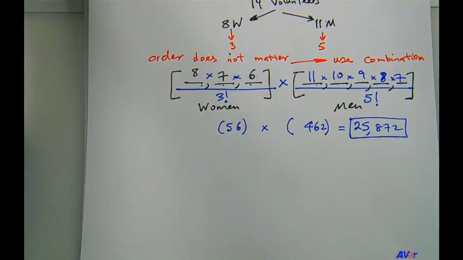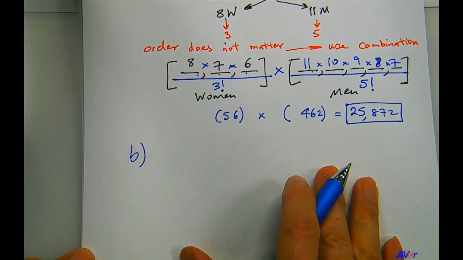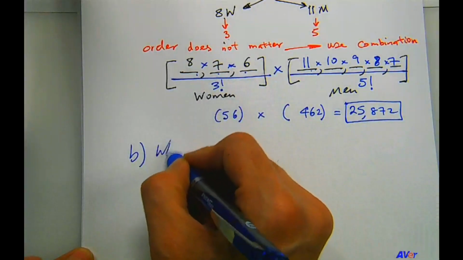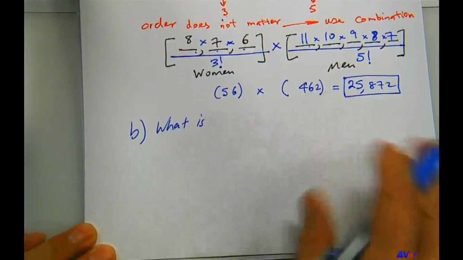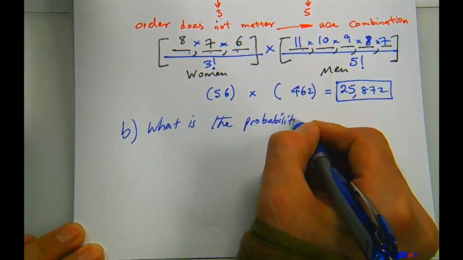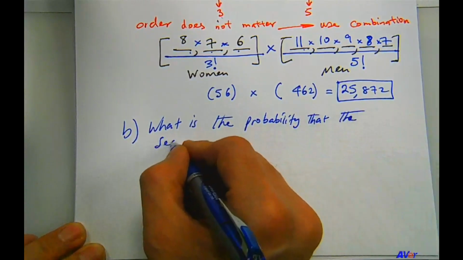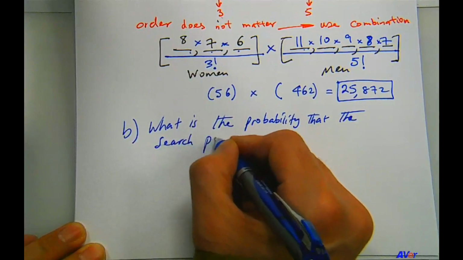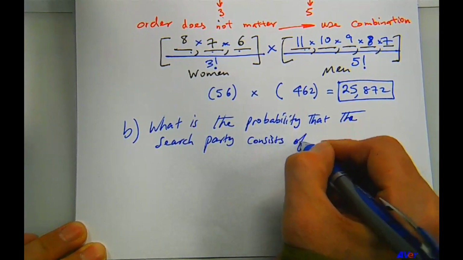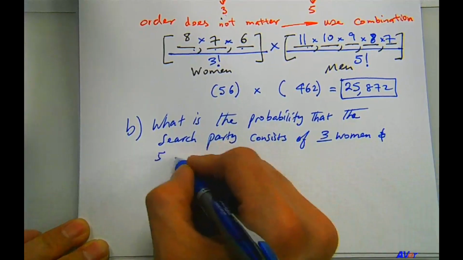Okay, so for part B of the same problem, they're asking for the probability of this, what we got here: three women and 5 men.